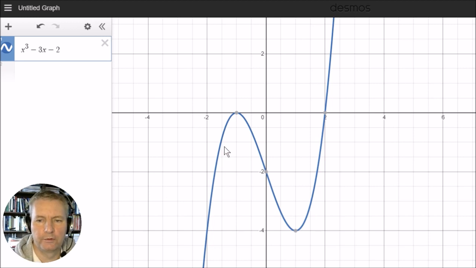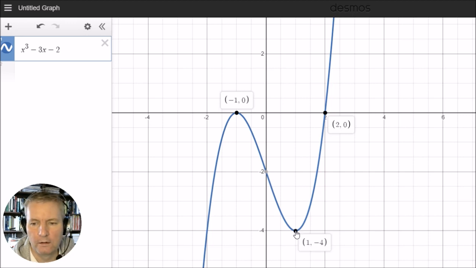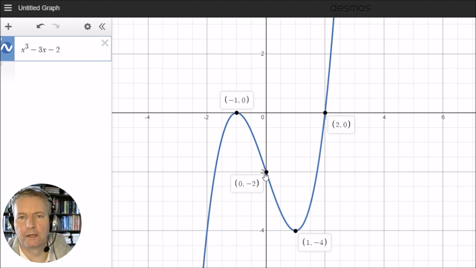So let's check the points out. We have a repeated root there at minus 1, 0, and we have a crossing point there at 2, 0. We've got a turning point there at 1, minus 4, and it crosses the y-axis at 0, minus 2. So we got it correct, it does work.